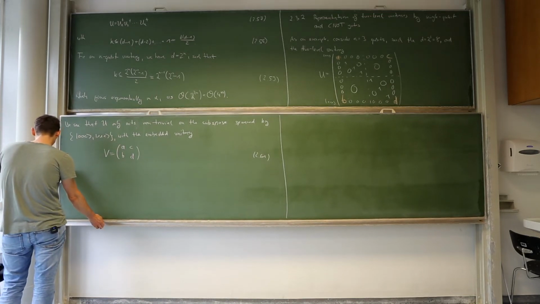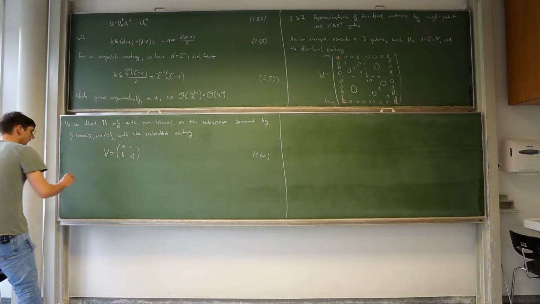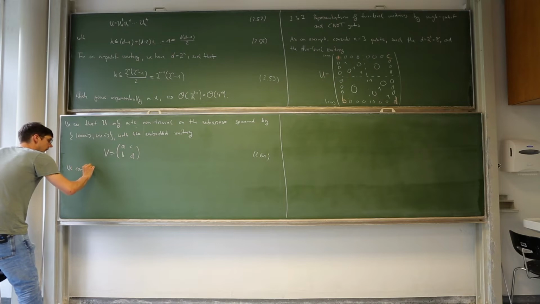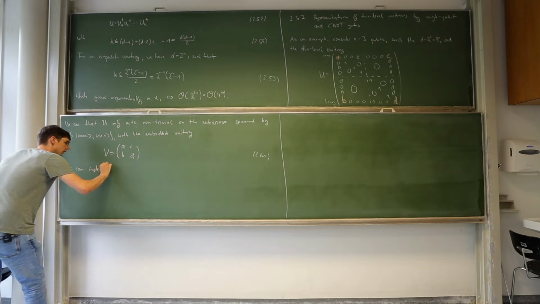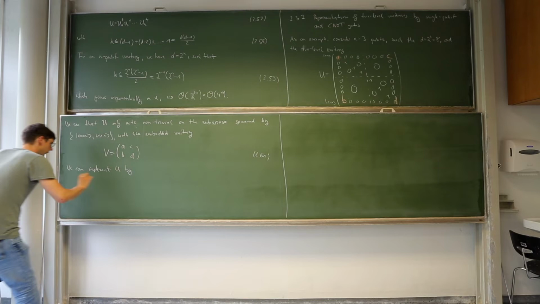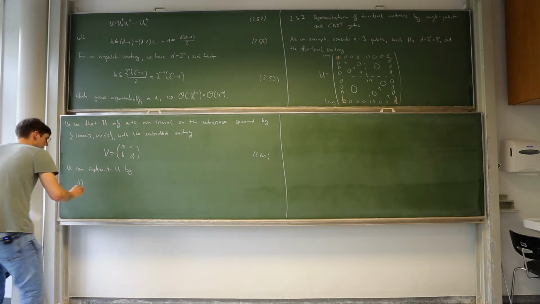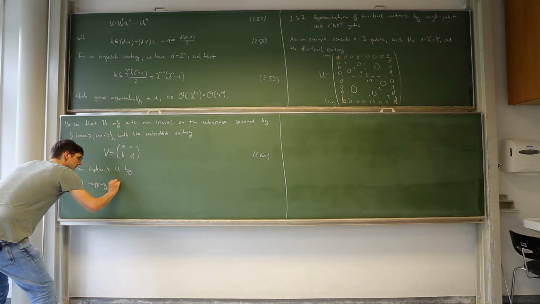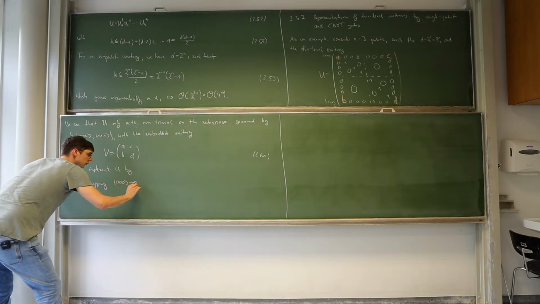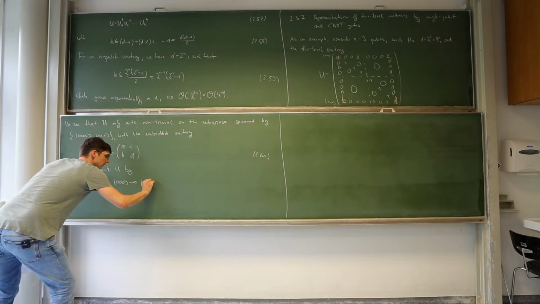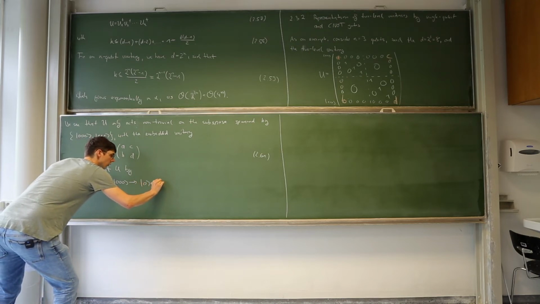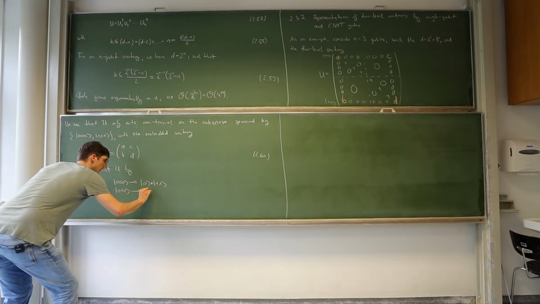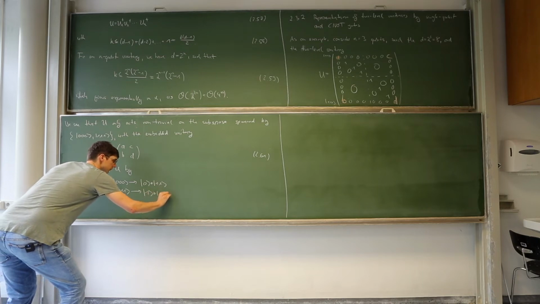So we can implement U by first mapping 0, 0, 0 to, say, 0 times 1, 1, and 1, 1, 1 to 1 times 1, 1.